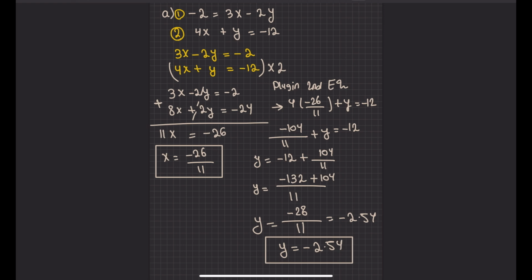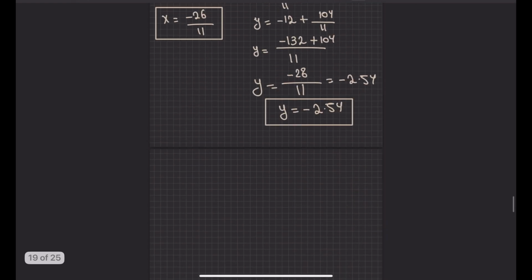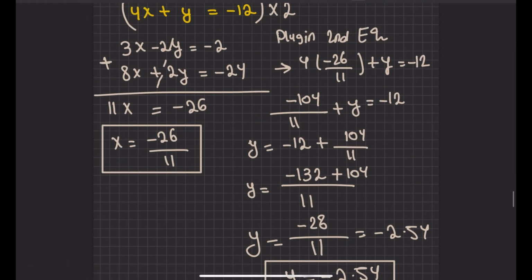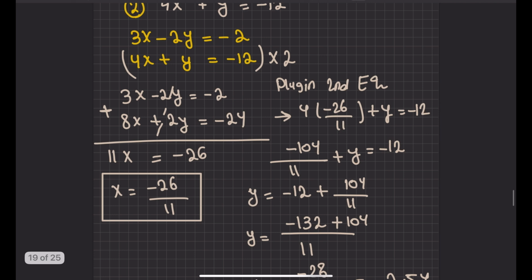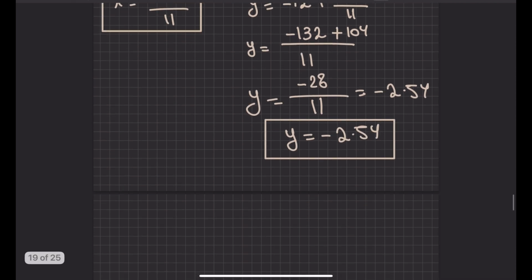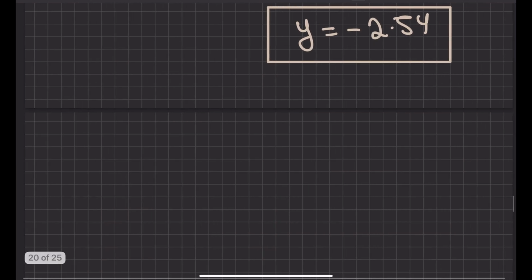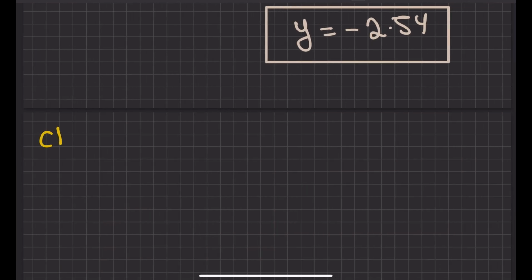So it asks you to check the solution. I'm going to plug it in. Let's do it in the first equation since we didn't touch it. So I'm going to write down, check the solution.